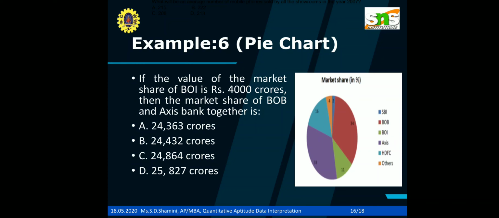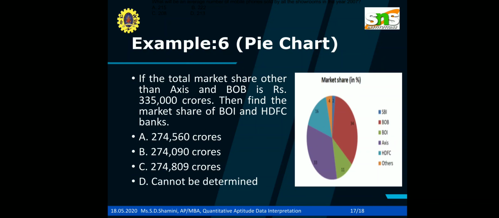So your answer will be, if you calculate this, you will get 24,363. So your option is A. Okay, and second question is, if the total market share other than Axis and BOB is rupees 335,000 crore, then find the market share of BOI and HDFC banks.